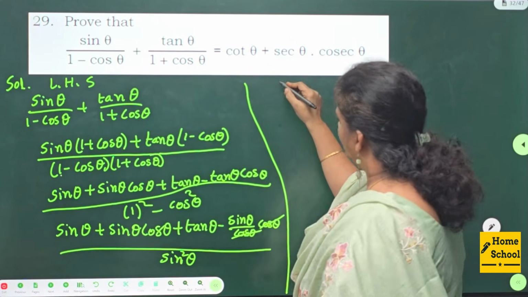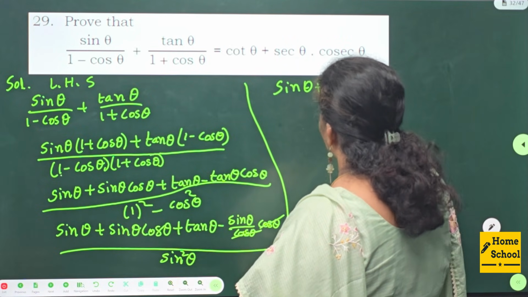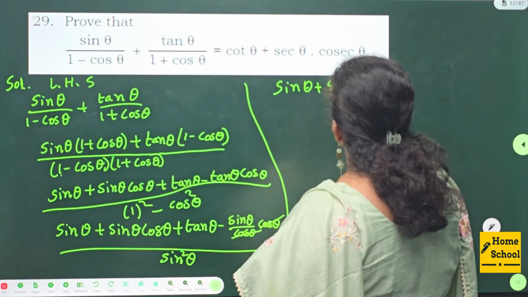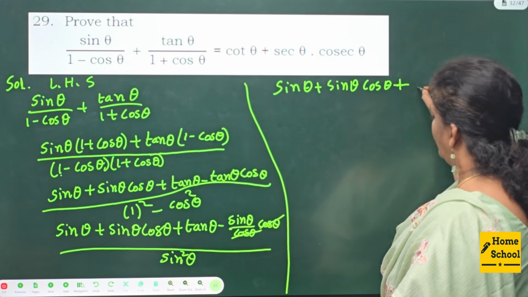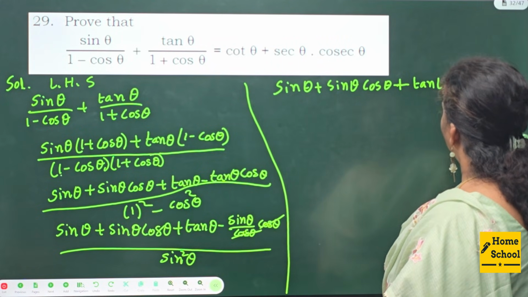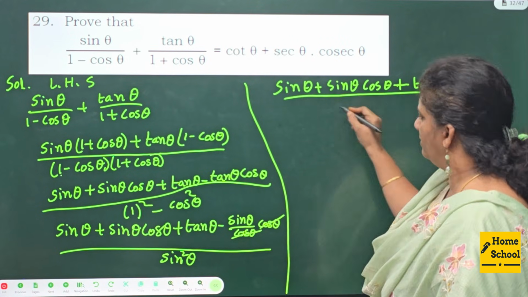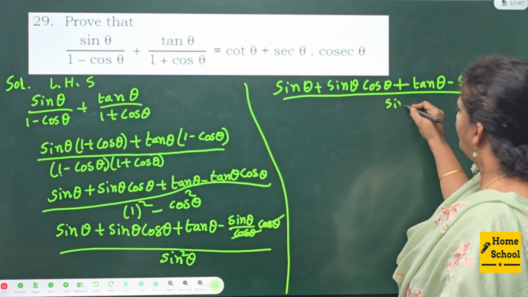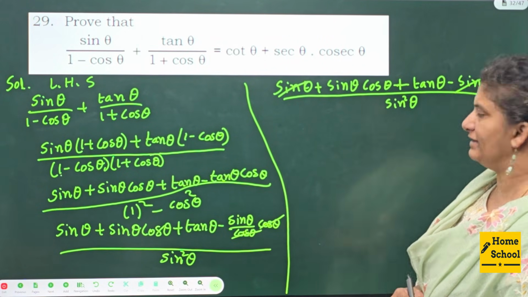Now this one: sin theta plus sin theta cos theta plus tan theta minus sin theta, by sin square theta. Minus sin theta plus sin theta cancel.